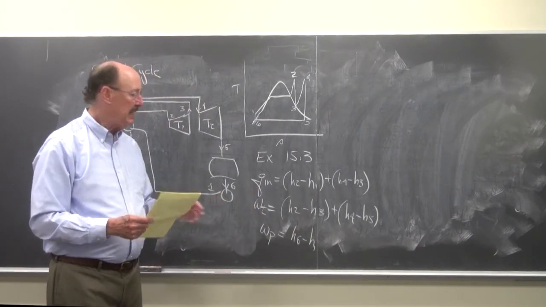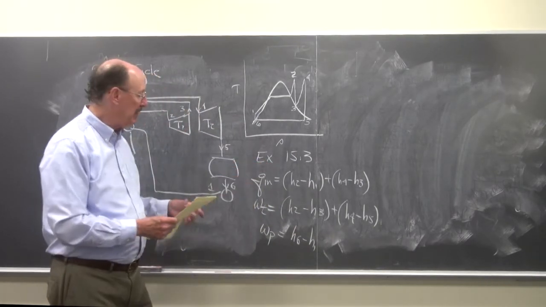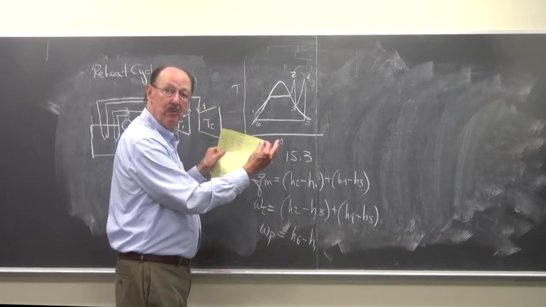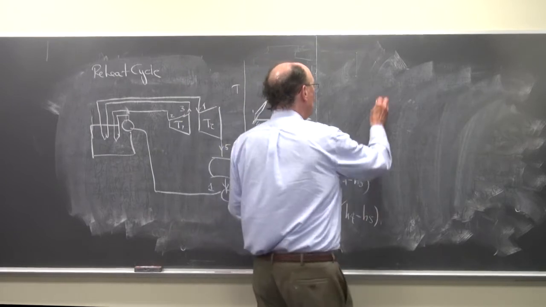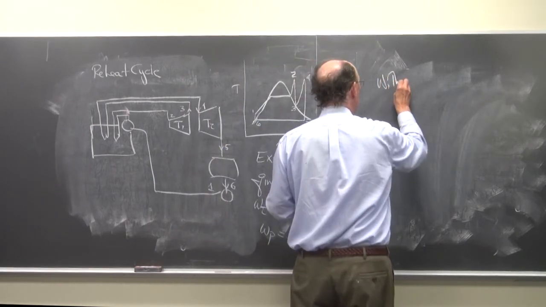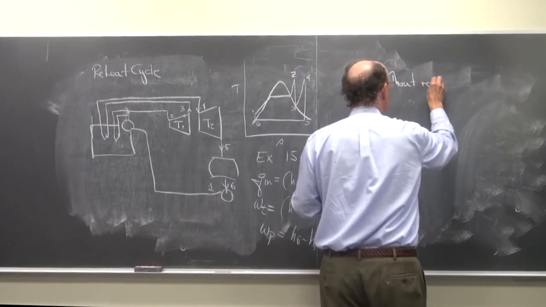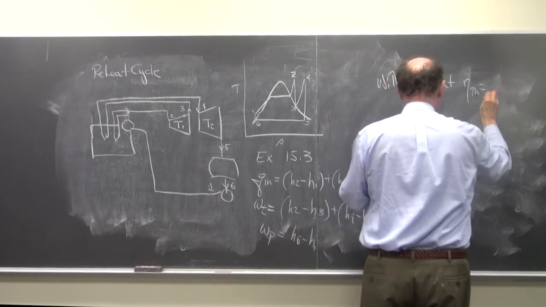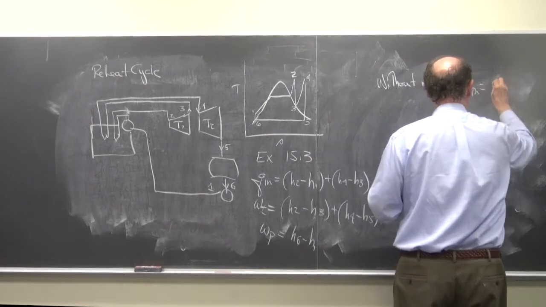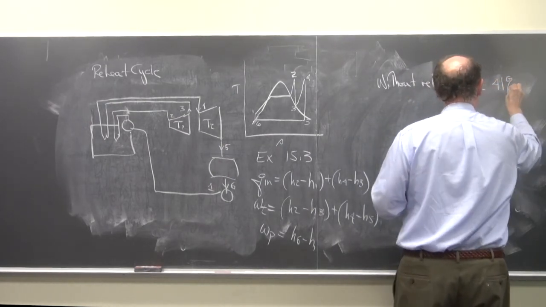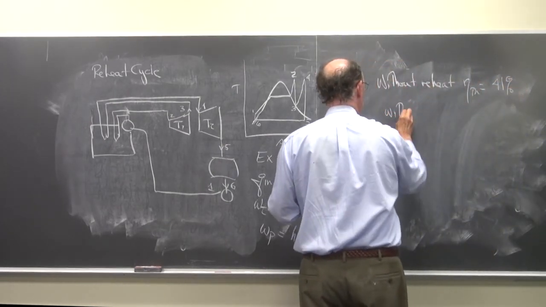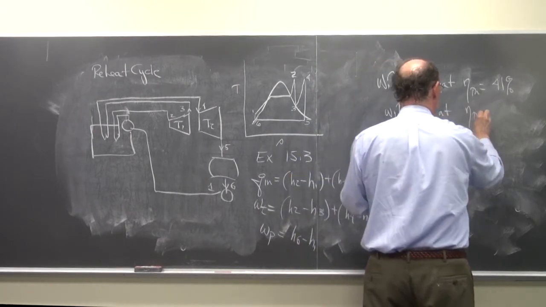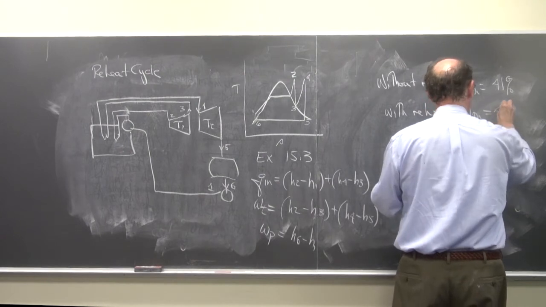And what the example does, example 15.3, is it takes a plant with and without reheat. Without reheat, the thermal efficiency is equal to 41%. With reheat, the thermal efficiency is equal to 42.6%.